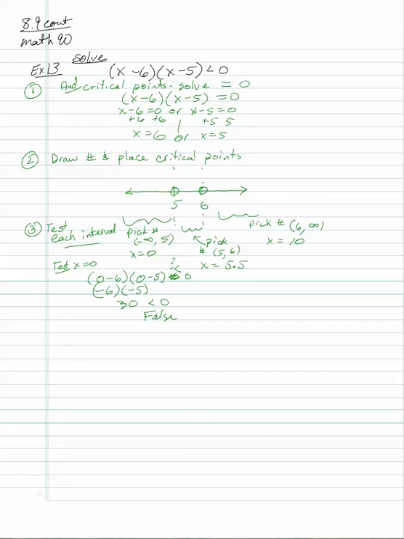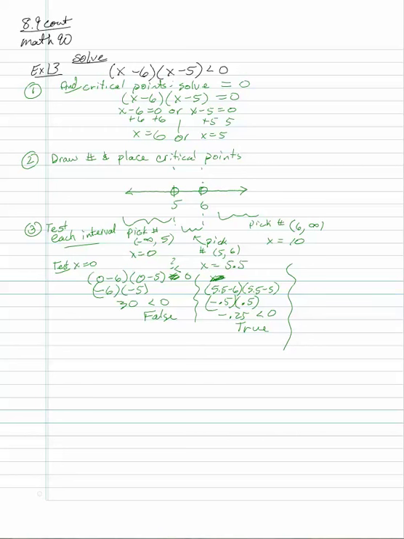Okay, so now we're going to test the middle interval. We're going to test x equals 5.5. Plug it in. So 5.5 minus 6 times 5.5 minus 5. That's going to give me negative 0.5 times positive 0.5, which is negative 0.25, which is less than 0. That's true.